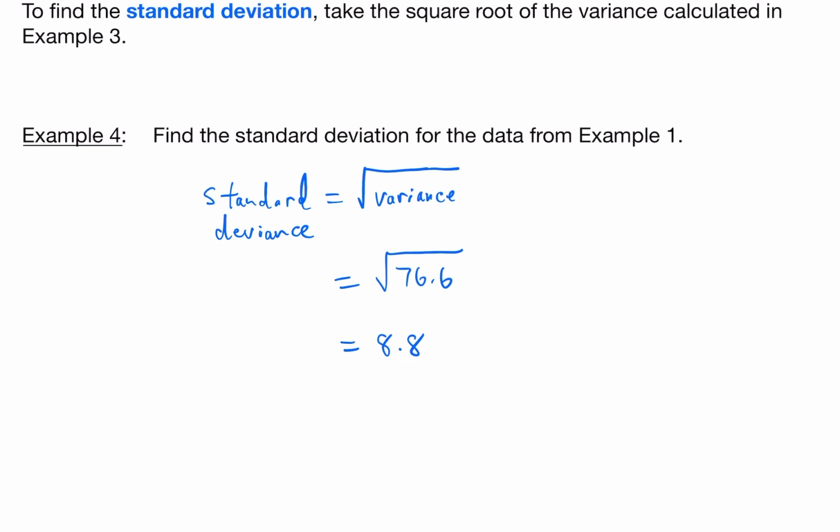So I hope that is a simple process to go through to calculate standard deviation, and hopefully that made sense to you. If any of this was confusing, please go back to the beginning of the recording and listen to this again. Thank you.